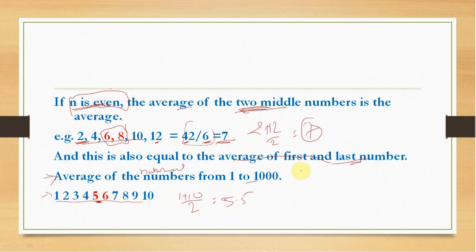In this case there are 1000 observations and this is an arithmetic series. So the average will be 1 plus 1000 divided by 2, which is 500.5. So this will be the average.